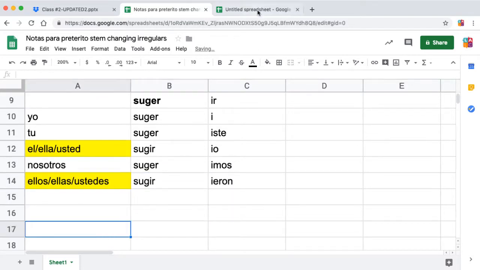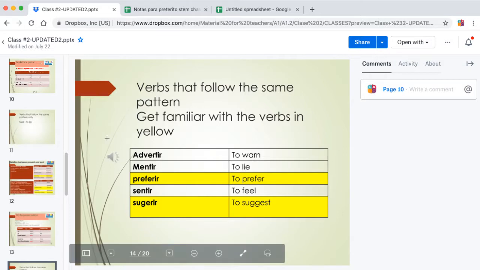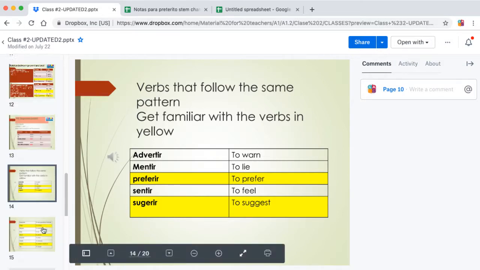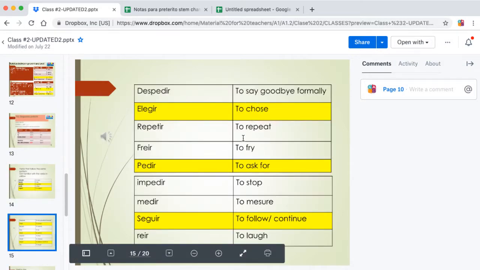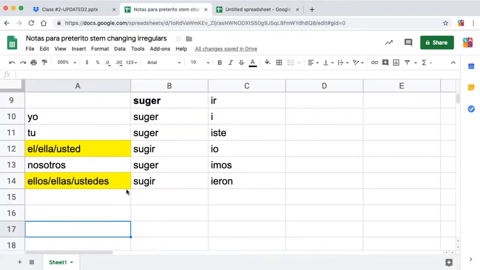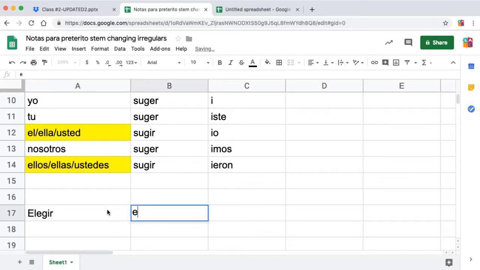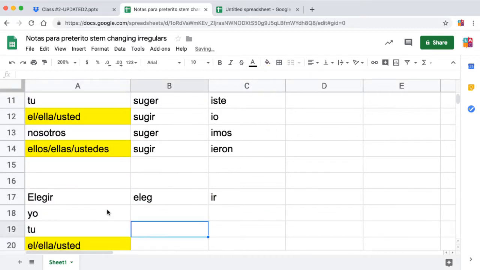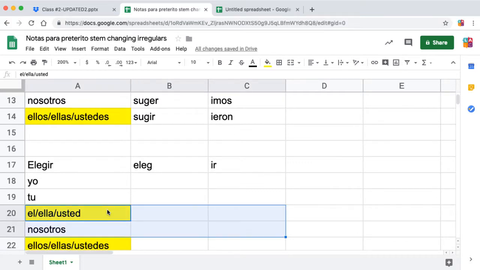Okay, let's do other ones, like the ones that I want you to focus on the meaning of also: elegir, pedir, and seguir. Mainly elegir and pedir. So pedir means to ask for. Elegir is to choose. So here, this doesn't change, yo, él, so it changes in ellos.